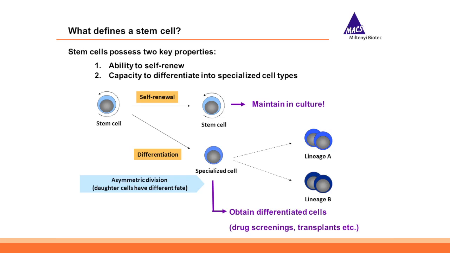So they build a constant pool of stem cells for regeneration. The second ability is the capacity to differentiate into specialized cell types. Usually progenitor stages are more restricted in their developmental potential and will then differentiate into further specific lineages.